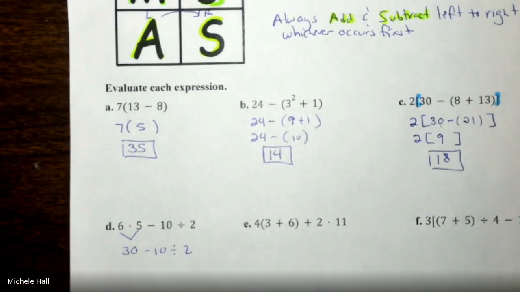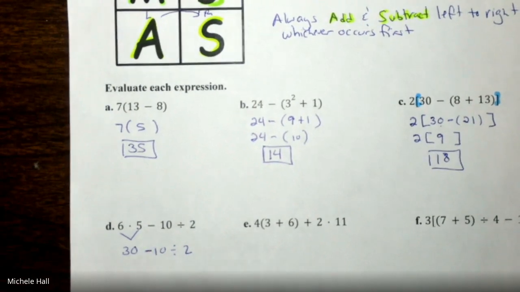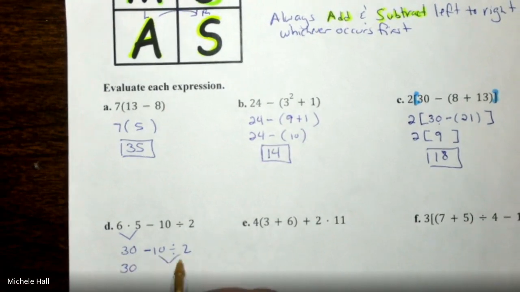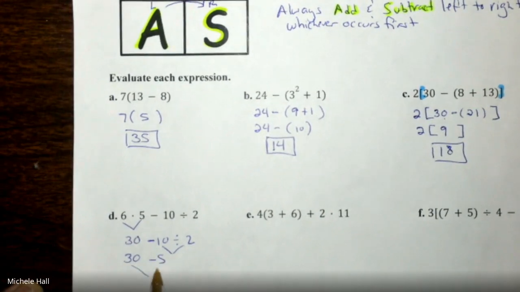Is there any more multiplying or dividing? Yes, I have negative 10 divided by 2. Remember, we always keep our signs in front of our terms. I bring down 30, and now negative 10 divided by 2 is negative 5. Finally, I have 30 minus 5 is 25.